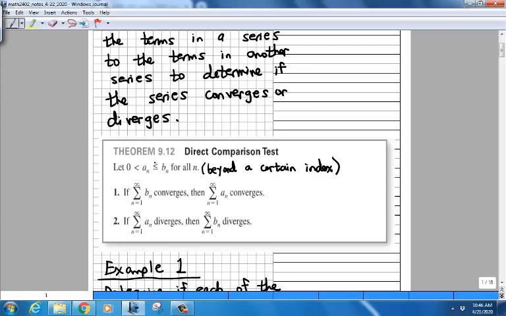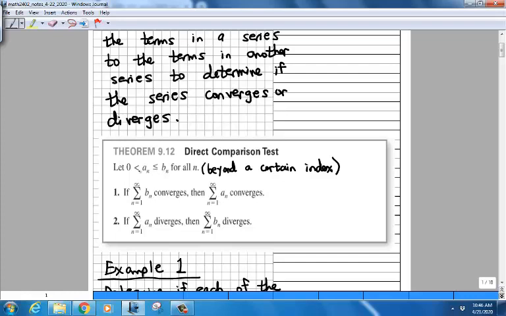So what the direct comparison test says is, look, if you've got two series, where b sub n and a sub n are the terms of the series, and suppose you know that for one of the series, the terms are always less than or equal to the terms of the other series.